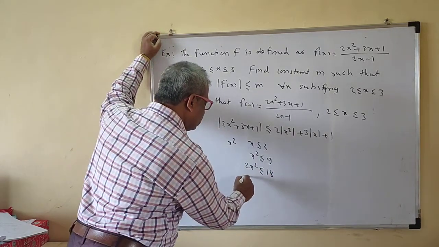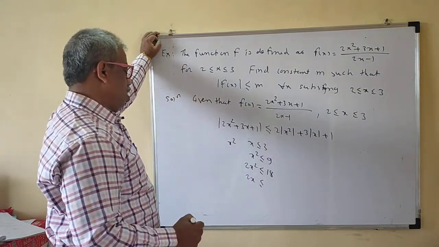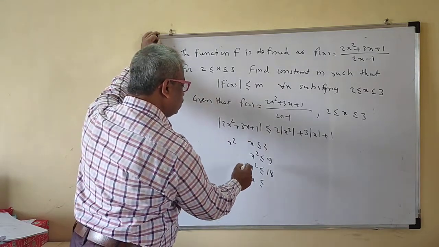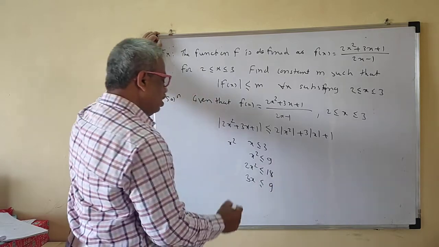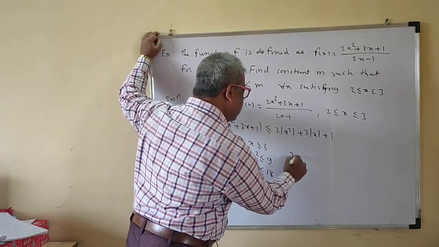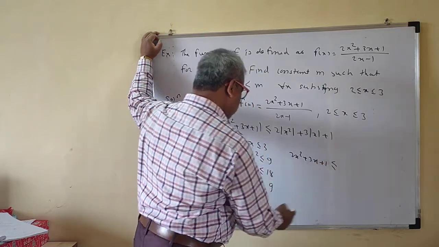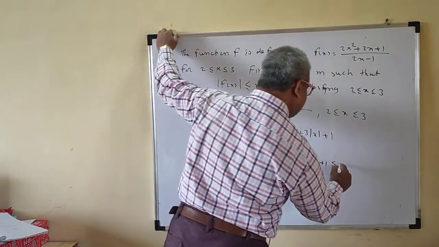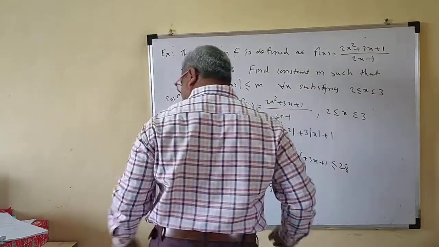Okay, now 3x is less than or equal to what, 9, right? So I can add this: twice x square plus 3x plus 1 is less than or equal to 18 plus 9 is 27, plus 1, so this will be 28 now.